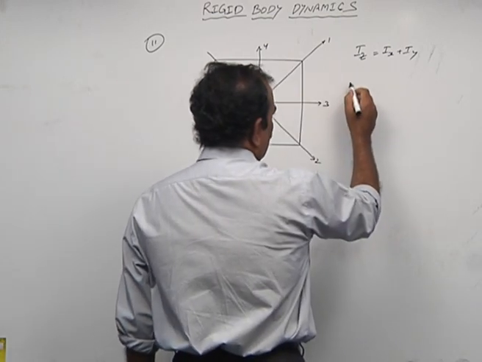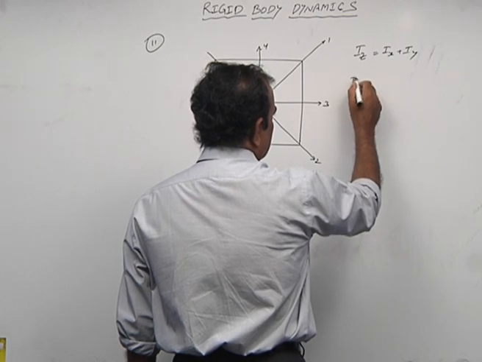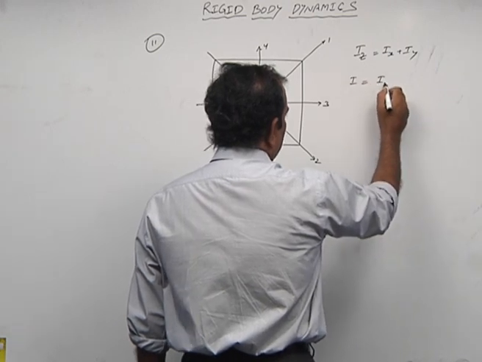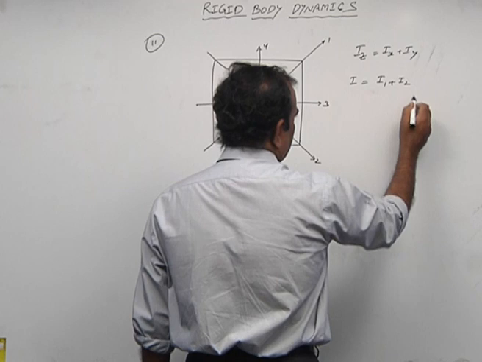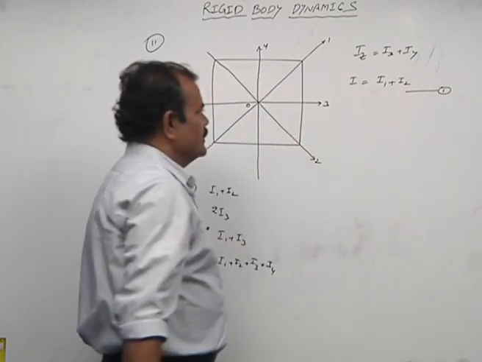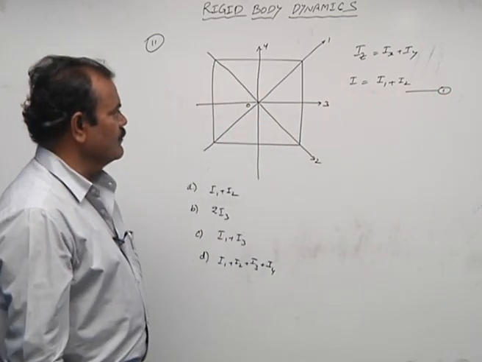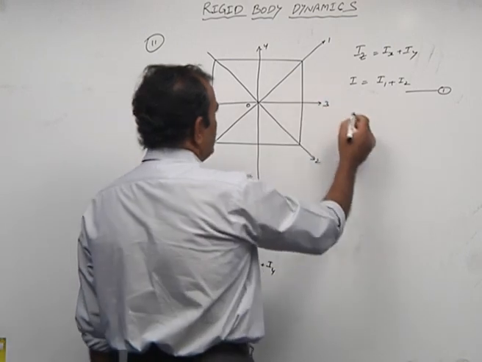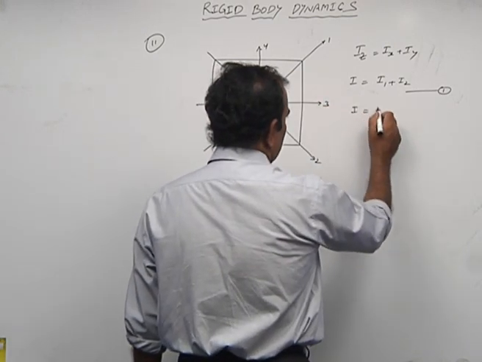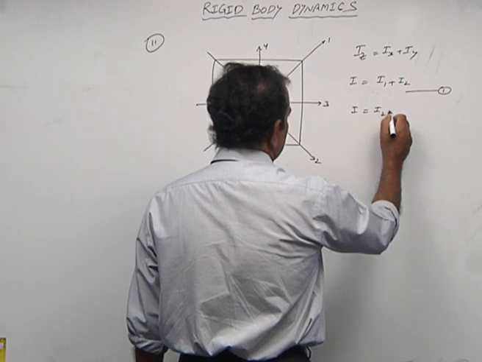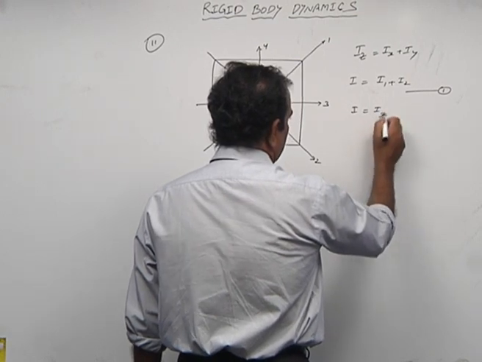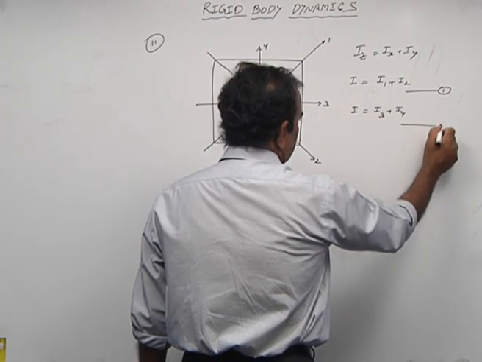From the figure, I is equal to I1 plus I2. That is the first equation. Similarly, I is equal to I3 plus I4. That is the second equation.